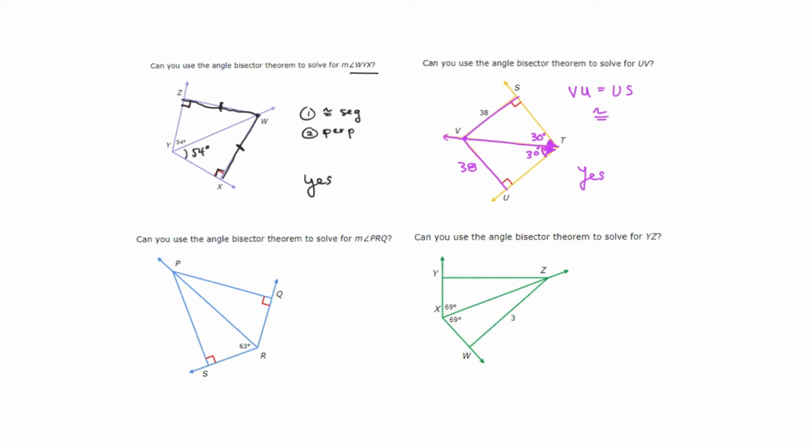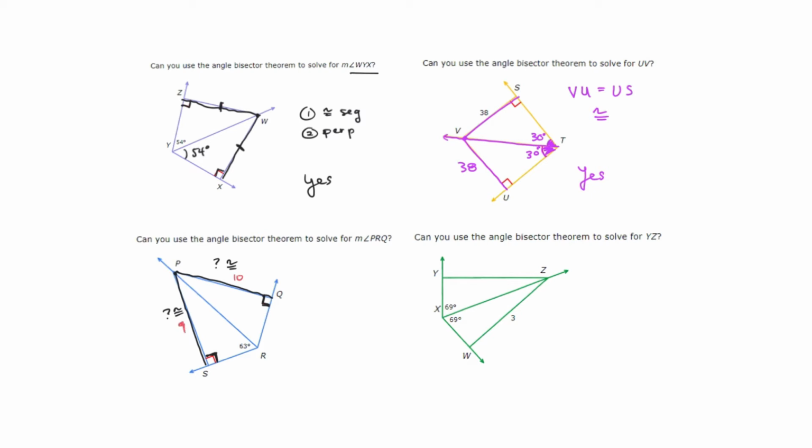Here, although I do have a right angle to say these two are perpendicular, what I'm not given is whether these sides are congruent. They do look the same, but this could be 10 and this could be 9.